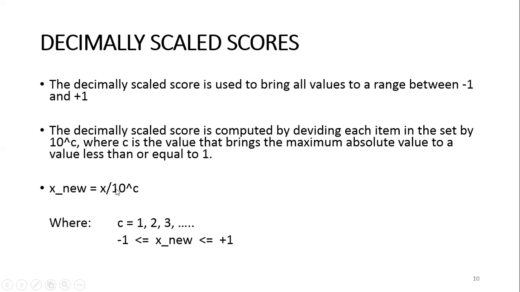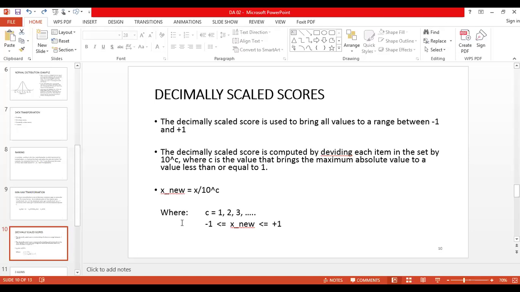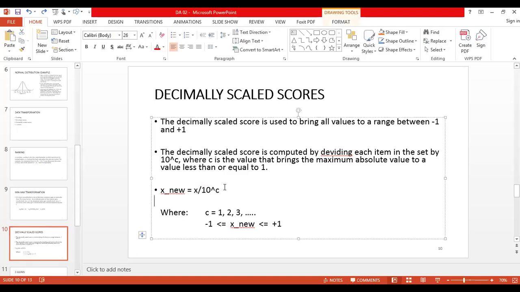The decimally scaled score is computed by dividing each item in the set by 10 to the power of C, where C is the value that brings the maximum absolute value to a value less than or equals 1. So how do we do that? We just say the new value of X equals the value we are trying to transform divided by 10 to the power of C. How do we get C?